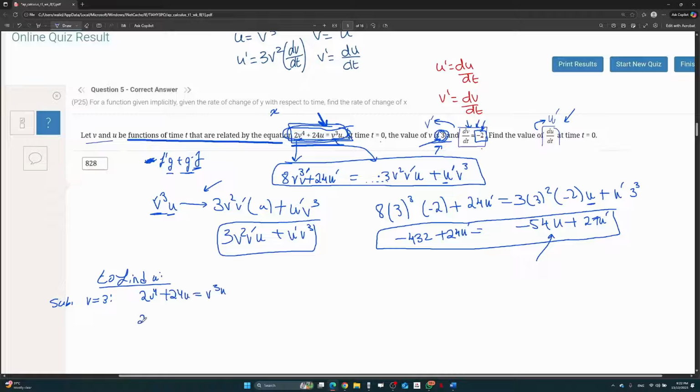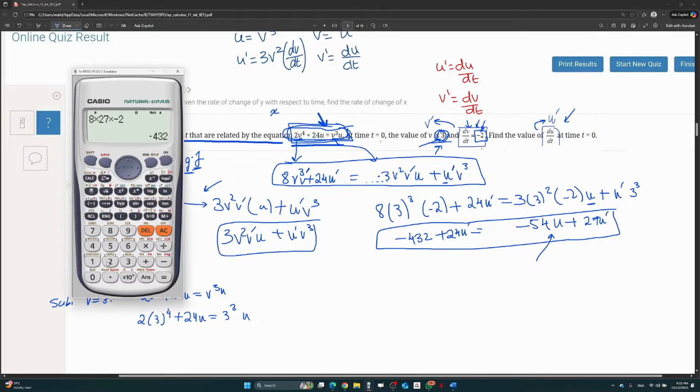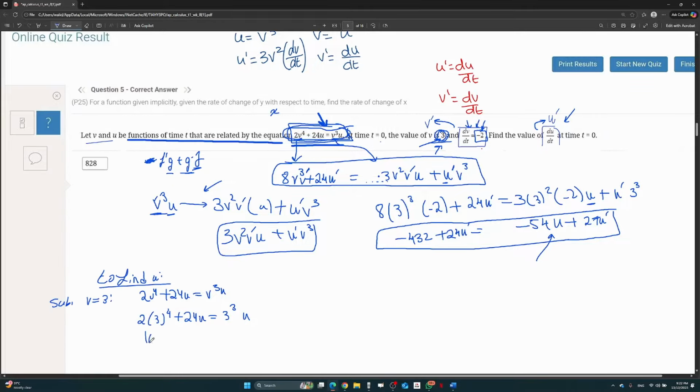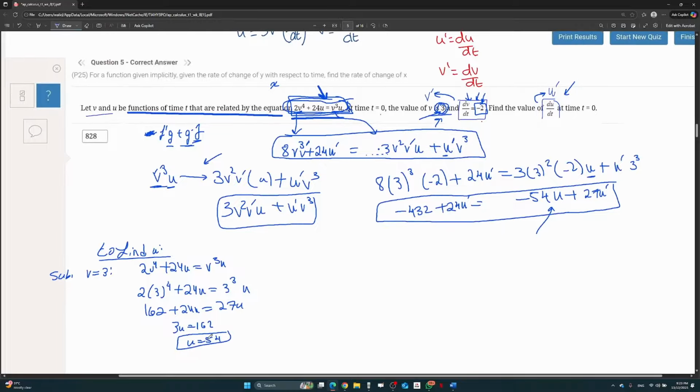Substitute v as 3: 2 times 3 to the power 4 plus 24u is equal to 3 to the power of 3 times u. Now this is just simple math. You're going to get 2 times 81, that's 162, plus 24u is equal to 27u. Then 3u is equal to 162. So u is equal to 54. Nice and easy. U is 54.